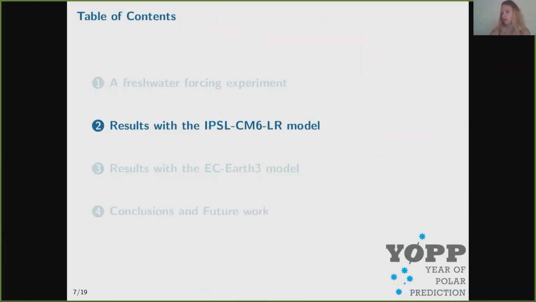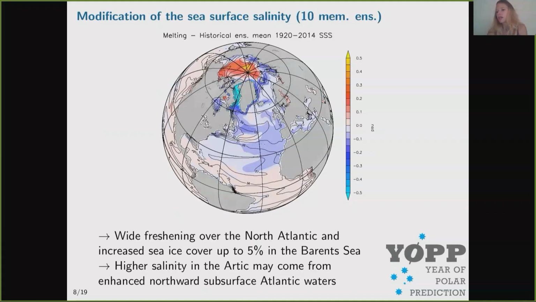So now I'm going to show you some results from the experiment with the IPSL-CM6-LR model, which is a French climate model that participates in the CMIP6 exercise. So we are first comparing the time average sea surface salinity from the melting ensemble, the one with freshwater forcing, to the control or historical ensemble. Both ensembles have 10 members here.